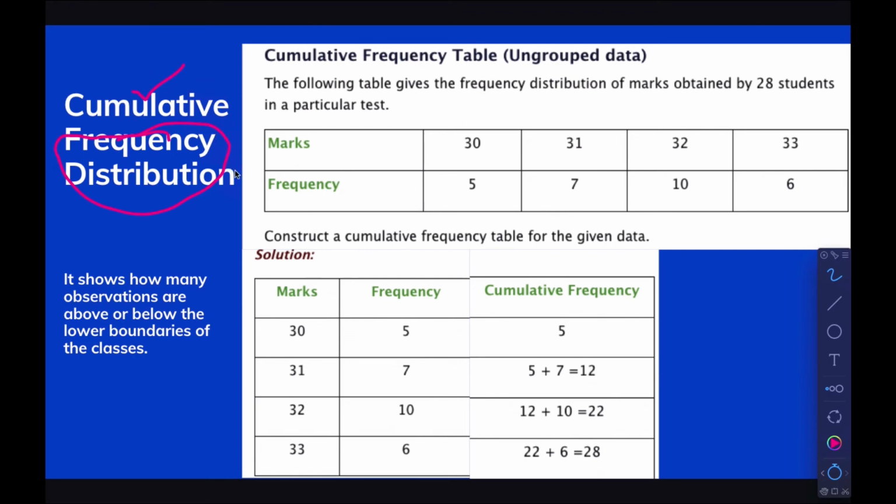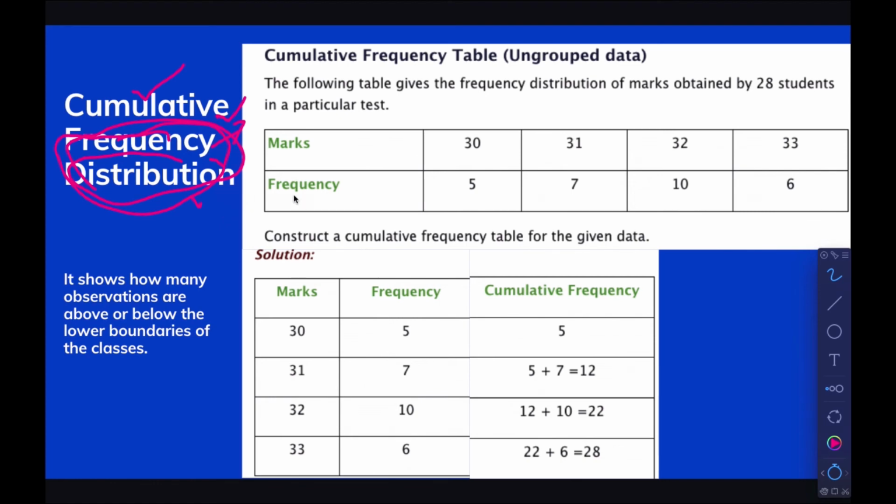Frequency is how often the items appear, and when we tabulate them or put them on a graph, that becomes the frequency distribution. Now let's see what cumulative means in terms of adding it to the frequency distribution.